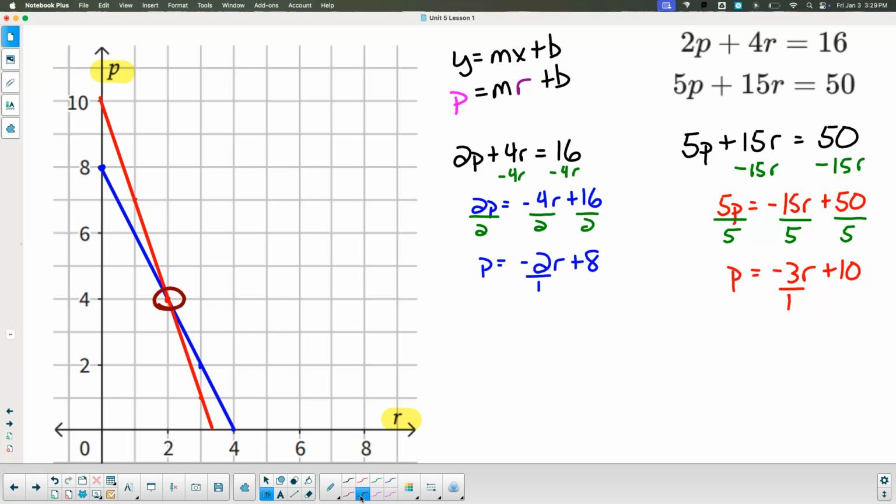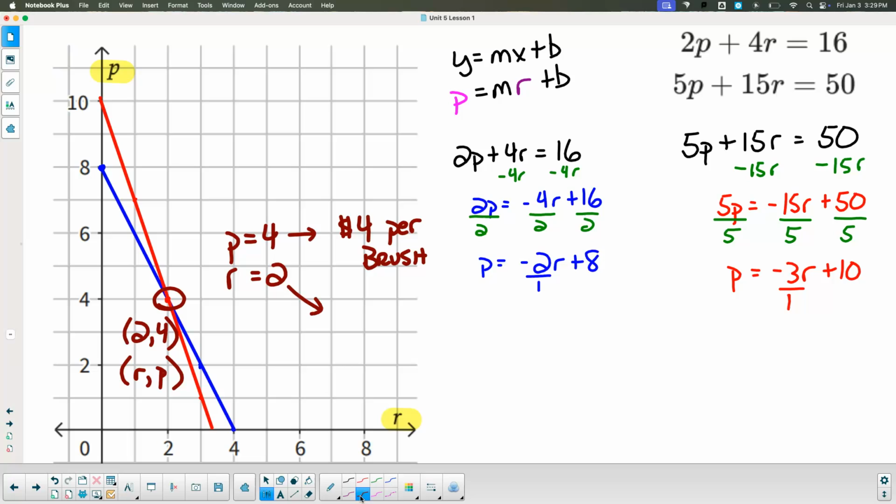So my P is 4, and my R is 2, because this is the point 2, 4, and that was R, P. So that means that the price per paintbrush is $4 per brush. And this means that it is $2 per roll of tape.